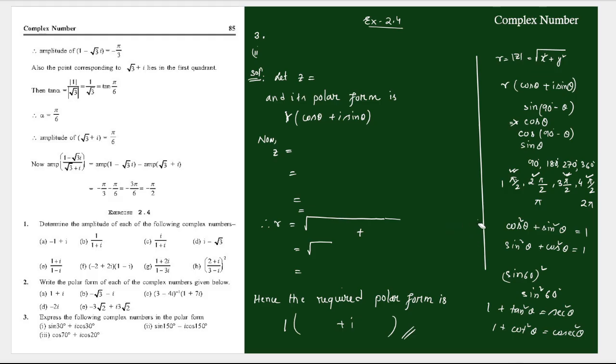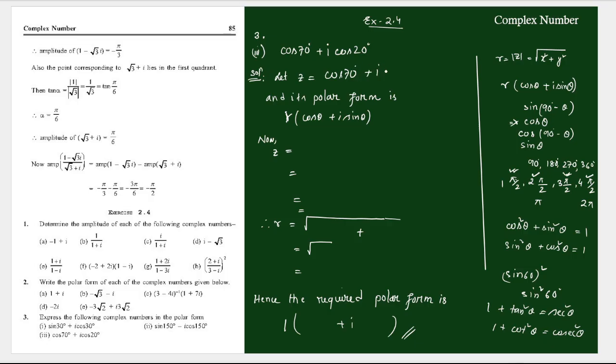So this formula also you remember. In the first we have to see the quadrant also while converting the trigonometric ratios. Let's see now, z is cos 70 plus i cos 20. Here there are two cos. One of them has to be converted. Cos 70 is already cos theta, that is fine.